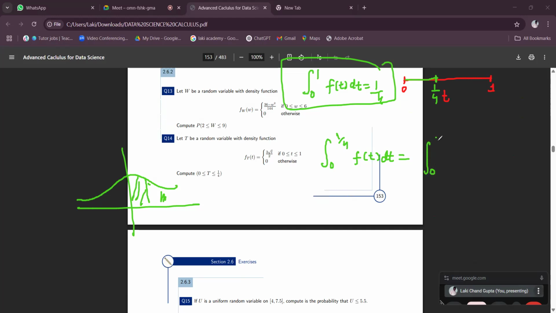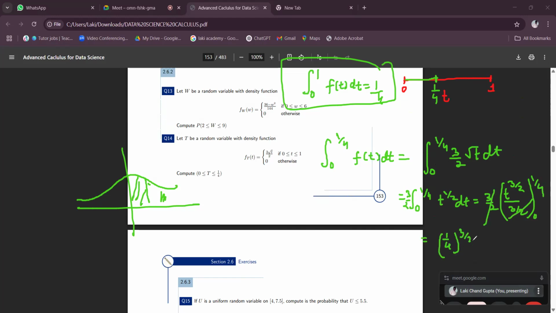So integrate from 0 to 1 over 4. 3 over 2 is constant, t raised to half, and t raised to half plus 1 is 3 over 2. 3 over 2 cancel, and 1 over 8 is the answer. When you solve using a calculator, you will get 1 over 8.